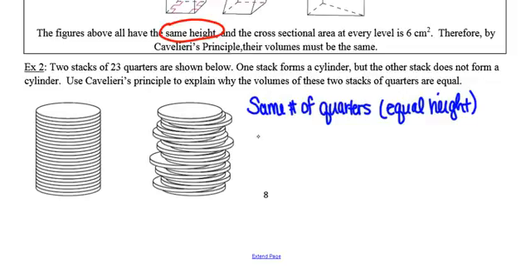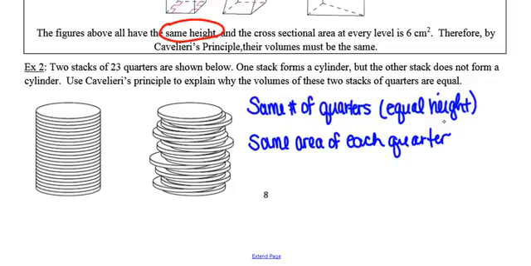And the same area for each quarter. And Cavalieri's principle tells us if we have 2 figures with equal height and equal area at each level, they must have equal volumes.